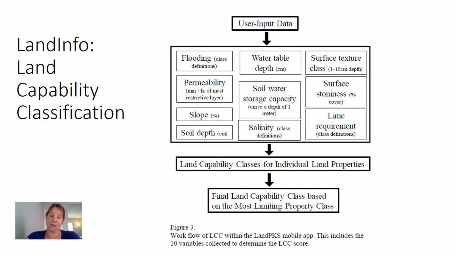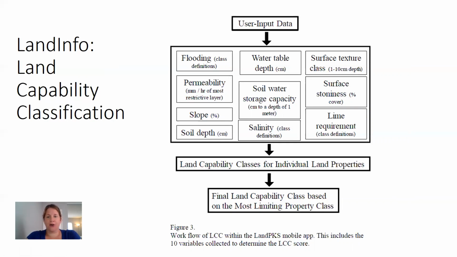We want this app to be something people can use who can't afford to buy really expensive equipment, or even really any equipment besides what a farmer would normally have on them in the first place. Once you get that, it will rank each of these. So you get a score for each of these different categories.